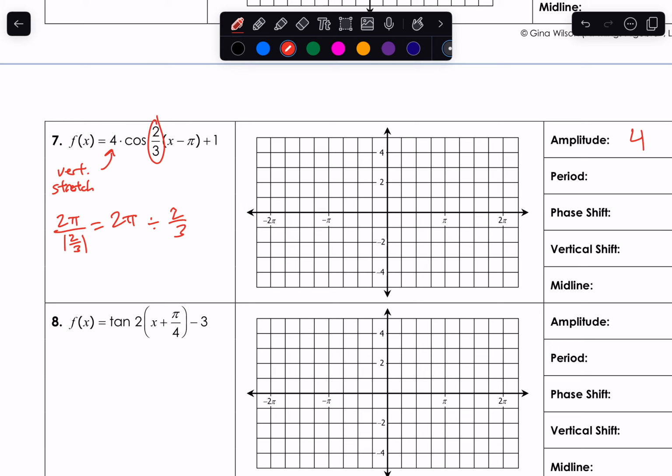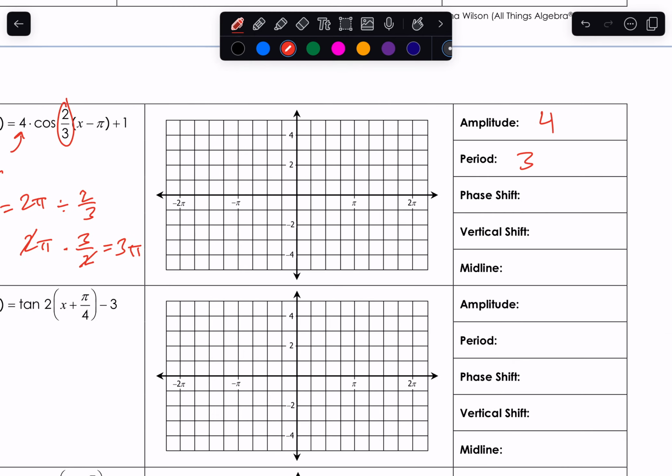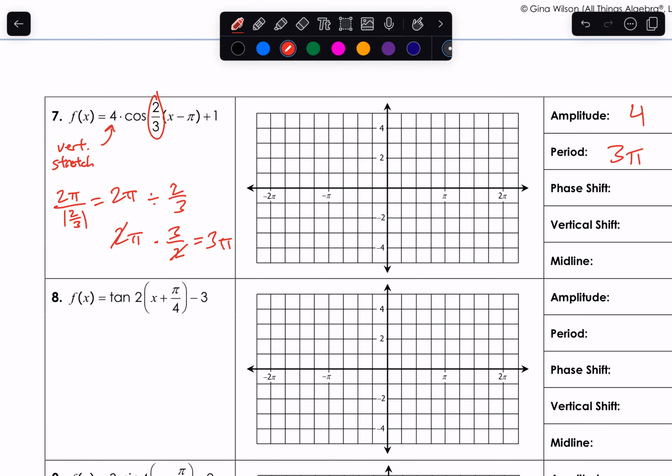But then I'm going to multiply by its reciprocal, 2 pi times 3 halves. This 2 and this 2 cancel out, and I get 3 pi. So my period is now 3 pi. So we did a horizontal expansion, right? We pulled it apart, like a slinky. So that 2/3 tells me the period has changed.